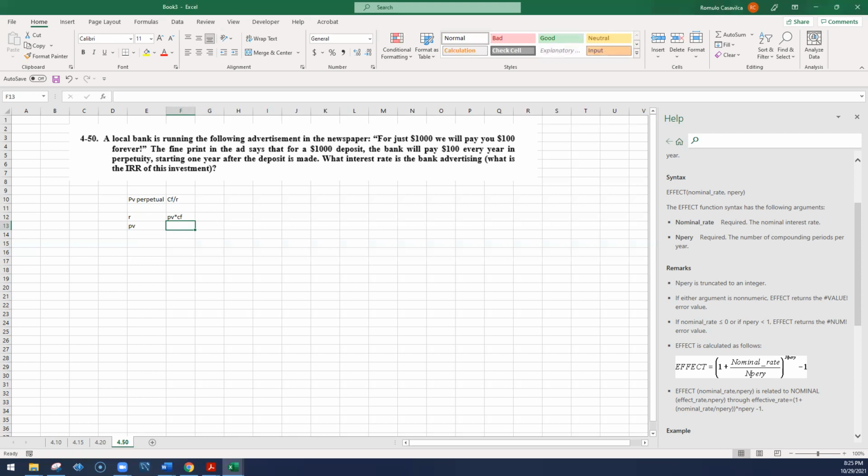PV is 1000, and the cash flow is 100. When you see the keyword pay, that's the cash flow. So R is just the division: CF divided by PV.